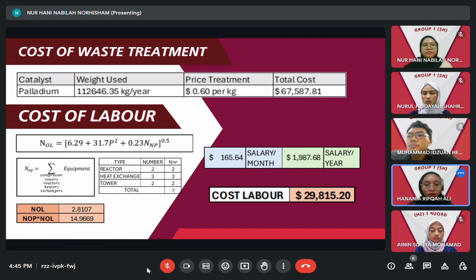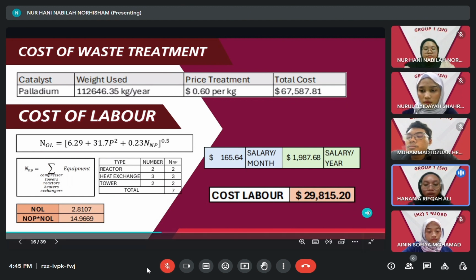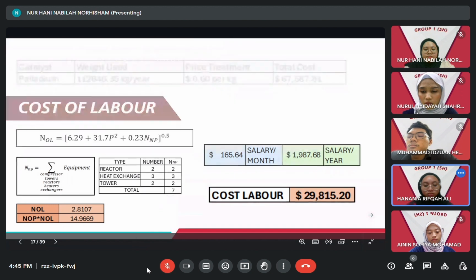Then the NOL is 2.8107, times 5 operators. We got NOP, which is 15 operators per day. So based on the journal, this is our salary per month and per year for N operator. So the cost of labor is $29,000.